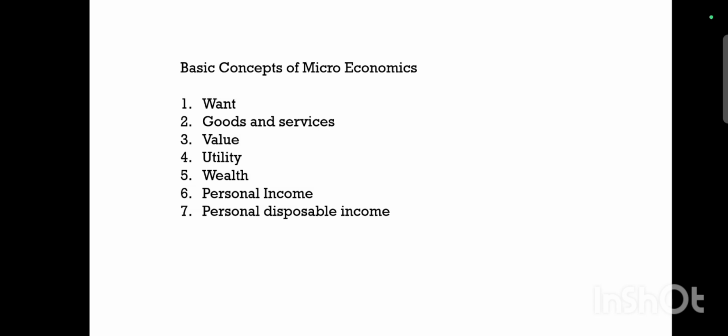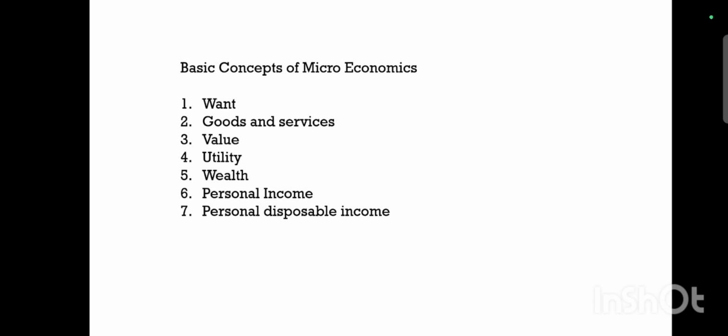Now, fourth is utility. Utility means use of a commodity. So, capacity of a commodity to satisfy a want is known as utility. Fifth is wealth. Wealth refers to anything which has a market value and can be exchanged for money. Now, sixth is personal income. Personal income is earnings done by a single person.